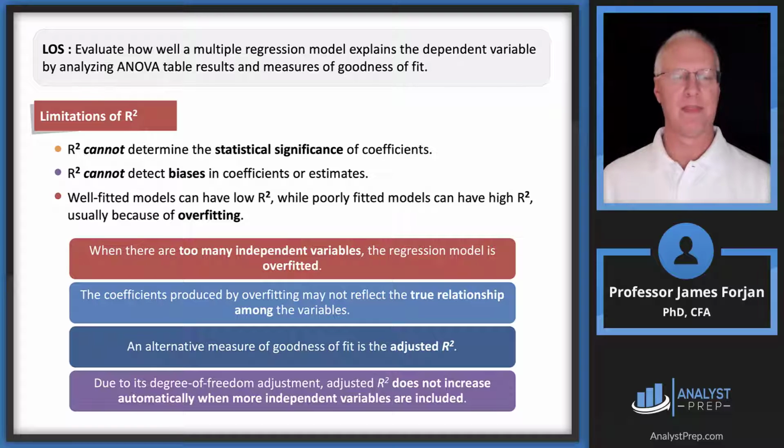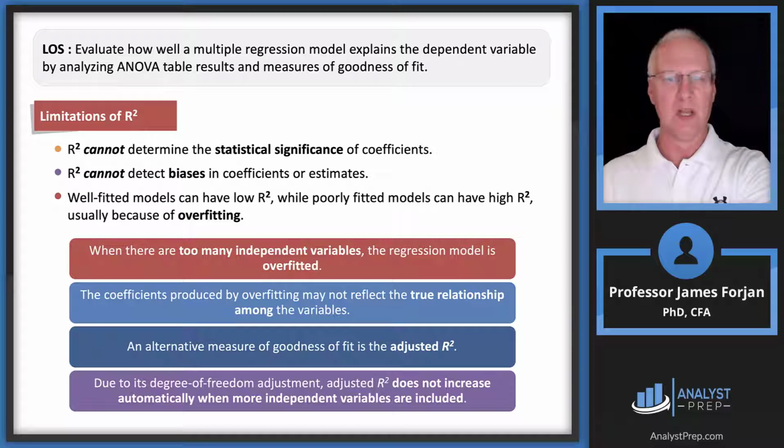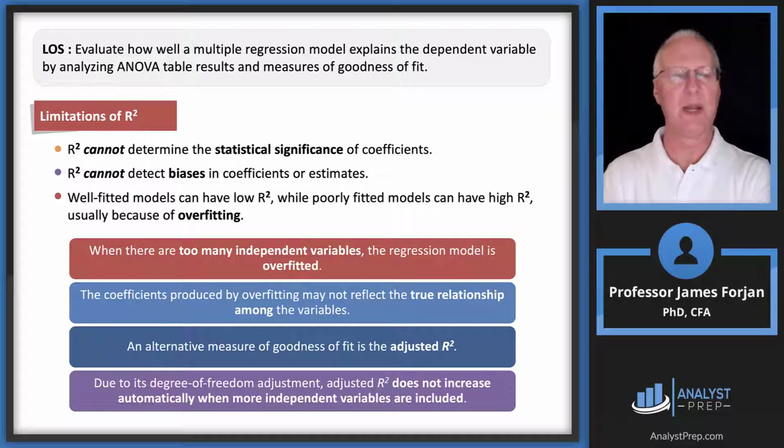And then look at that third bullet point. This is what I was telling you earlier about that one sentence in the module. Well-fitted models can have a low R-squared, which is exactly what my professor was telling us when we would collect data on individual stock returns, and we would try to come up with some dependent variable, one independent variable like dividend yields or changes in operating cash flow or quality of management, whatever it was.